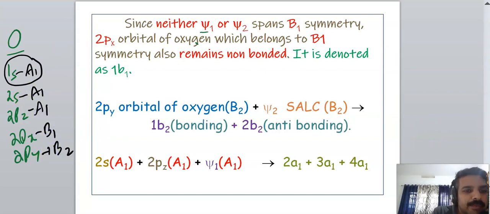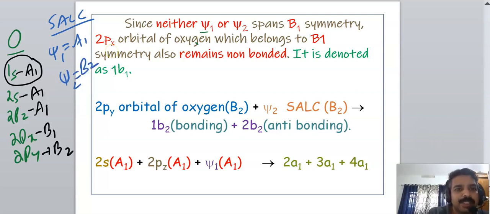Our SALCs are psi1, which belongs to A1, and psi2, which belongs to B2. Now see here, 2px has B1 symmetry. Which SALC has B1 symmetry? Neither of them, because psi1 is A1 and psi2 is B2. So 2px cannot combine with either psi1 or psi2.